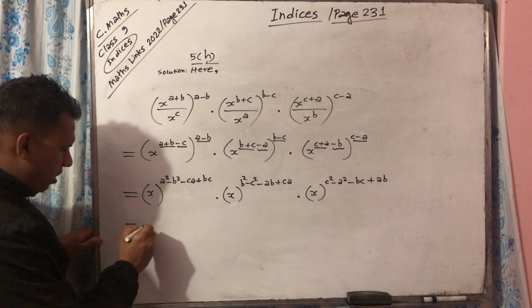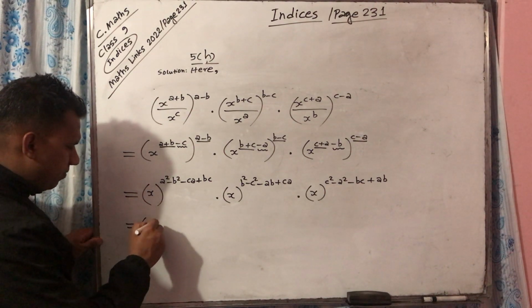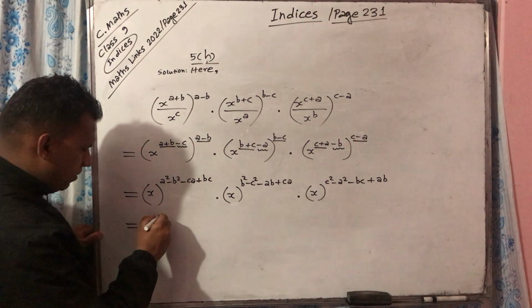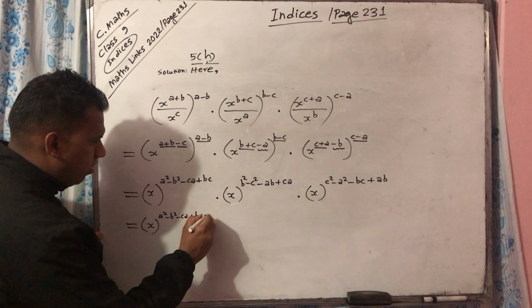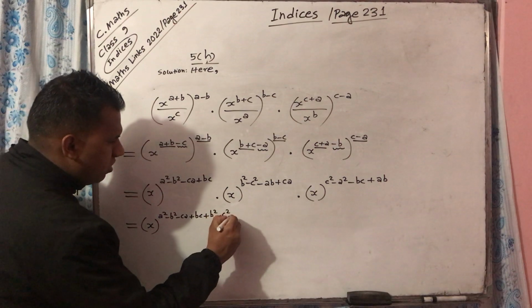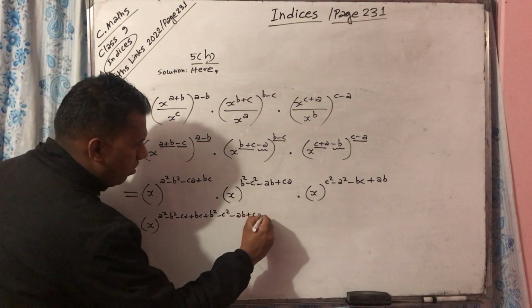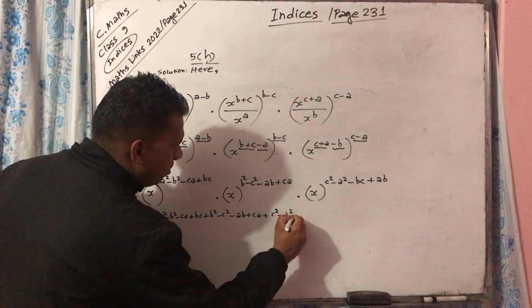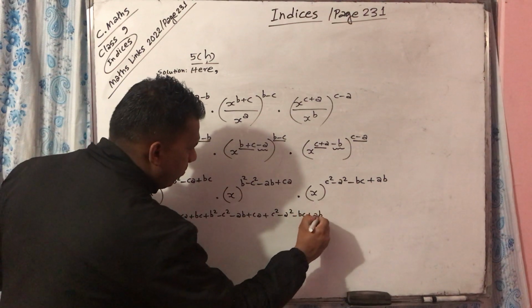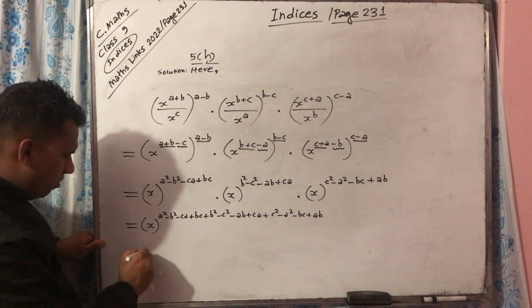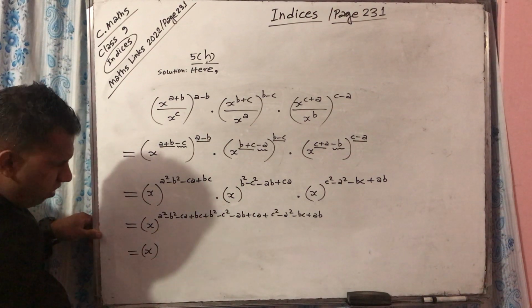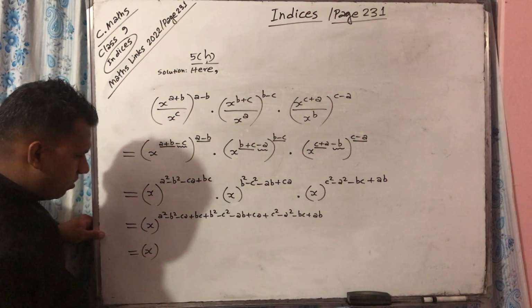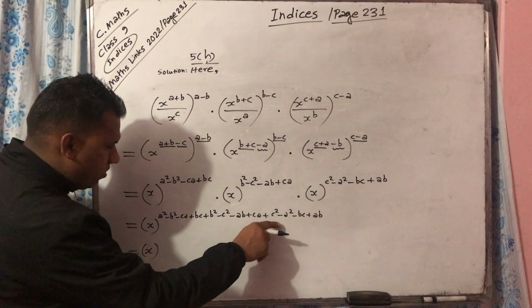Since the bases are the same, the powers can be added. X to the power a square minus b square minus ca plus bc plus b square minus c square minus ab plus ca plus c square minus a square minus bc plus ab. Now in the power, the sum of all powers becomes 0. Positive a square, negative a square.